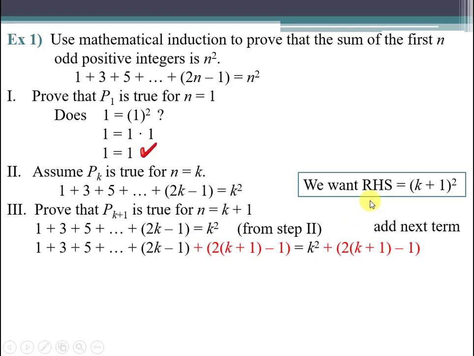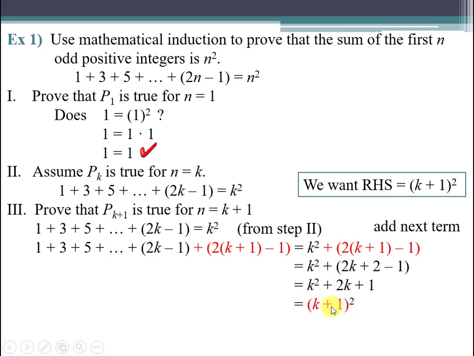So we want the right hand side to be equal to (k+1) squared. If we prove it, we prove our statement. Okay, if we continue, what we have: k squared, if we open the brackets, then after that we have k squared plus 2k plus 1. So what does it give us?